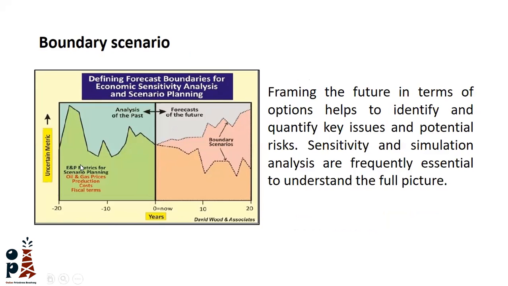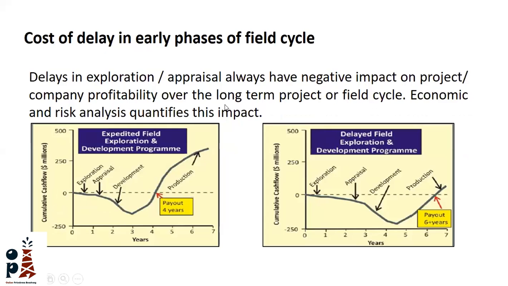You put all uncertain parameters, such as oil and gas prices, production and decline rates, cost inflation, and fiscal terms, which means the split between the government and the investor, into sensitivity analysis, and it produces two boundary scenarios, one reflecting the worst case and one reflecting the best case for investment.